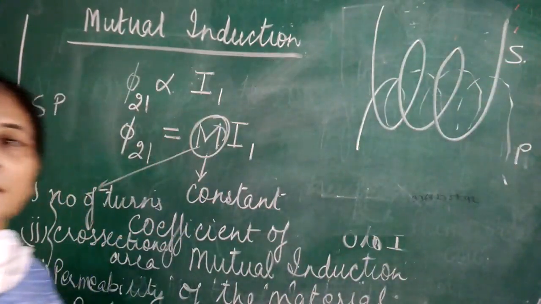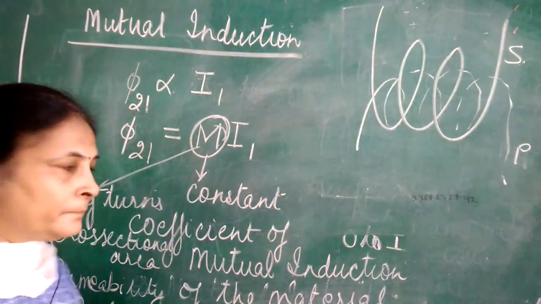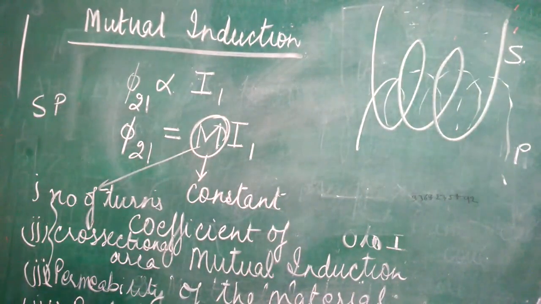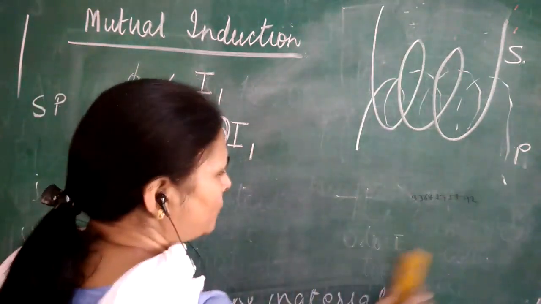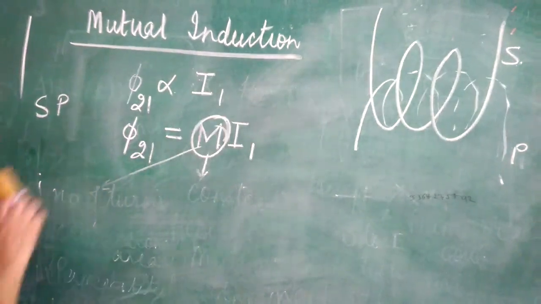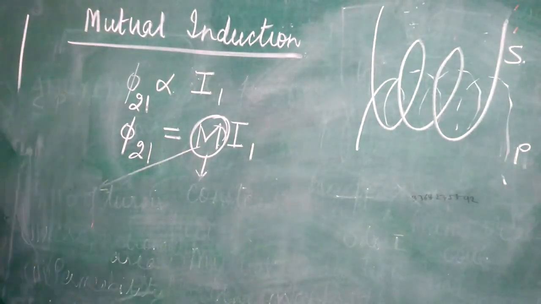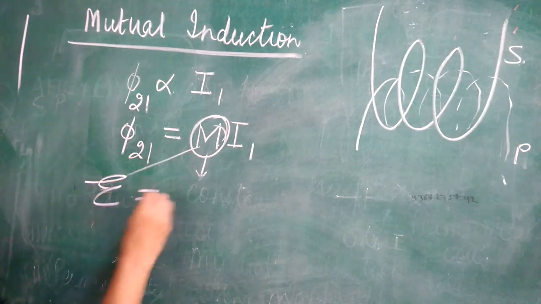In this case, maximum induced EMF will be C. Now we'll go from the same expression to the expression of induced EMF. How much EMF will be induced? So we'll again use the same formula.